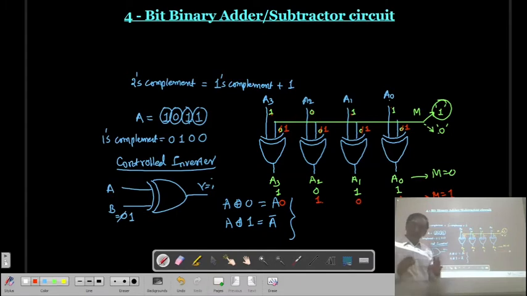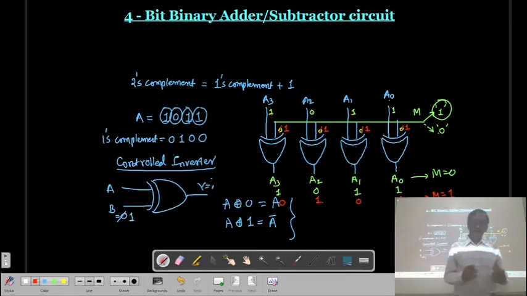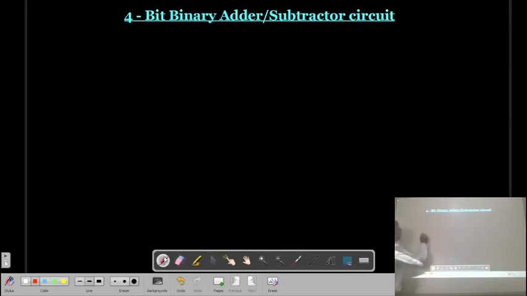Right? Now let us see a complete circuit diagram for the adder and the subtractor. But before that, again remember, here we are going to do bit by bit addition. We have a 4-bit binary number, so we require the 4-bit adder circuit. For the addition, we require the full adder circuit.